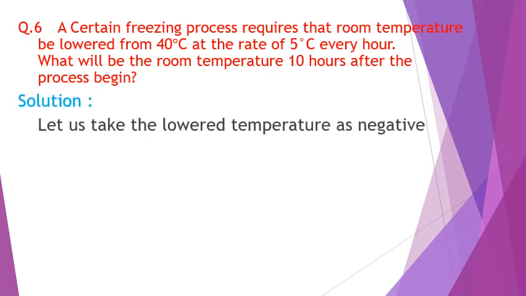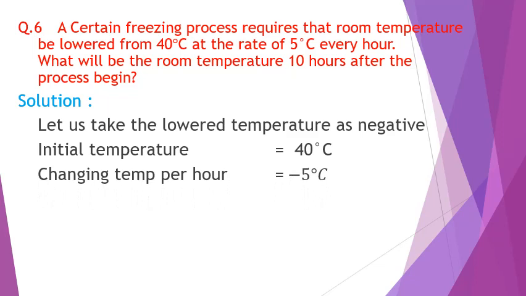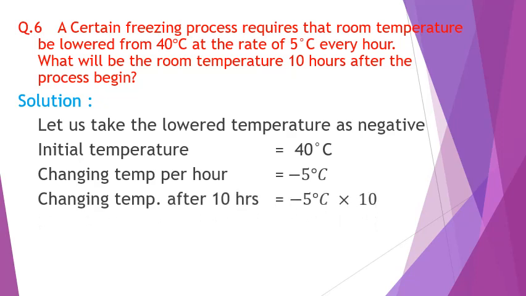So the temperature is lowered, so we can take it as negative. So every hour the temperature lowered is taken as minus 5 degrees Celsius. Our initial room temperature is 40 degrees Celsius. Changing temperature per hour equal to minus 5 degrees Celsius.